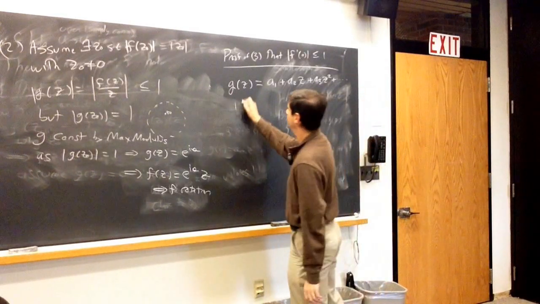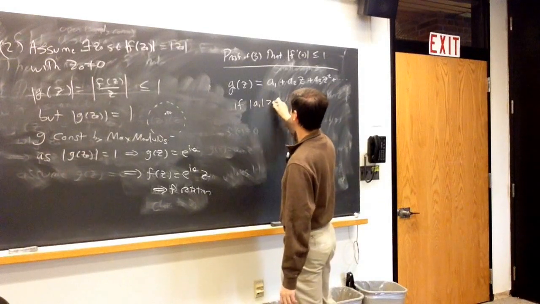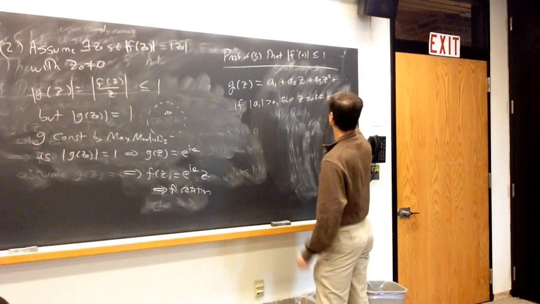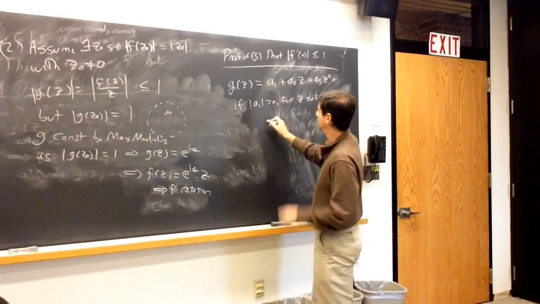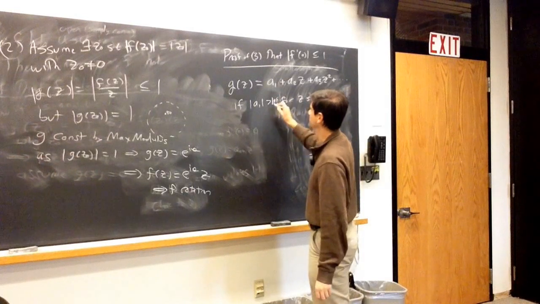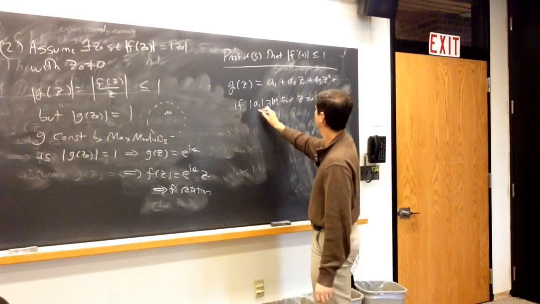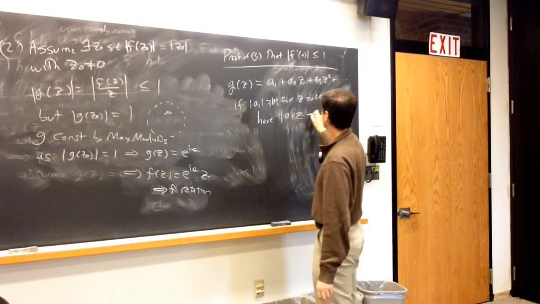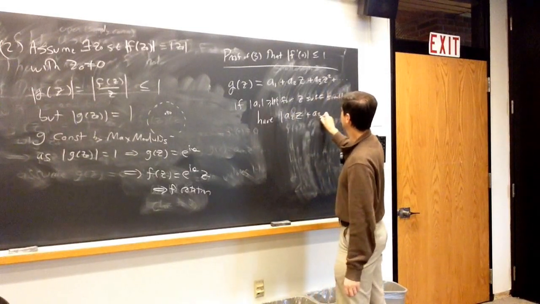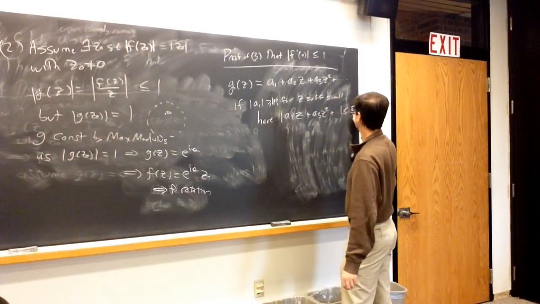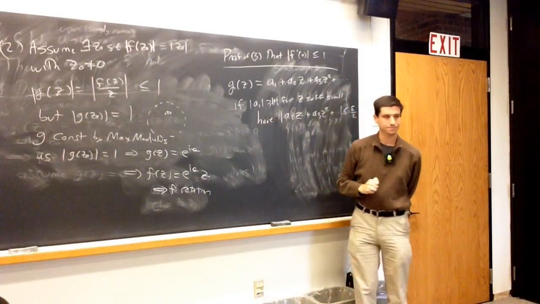Yeah. If the absolute value of A1 is greater than 1, let's say A1 is greater than 1 plus epsilon. For z sufficiently small, we have the absolute value of A2z plus A3z squared plus dot dot dot should be less than or equal to epsilon over 2. Why?